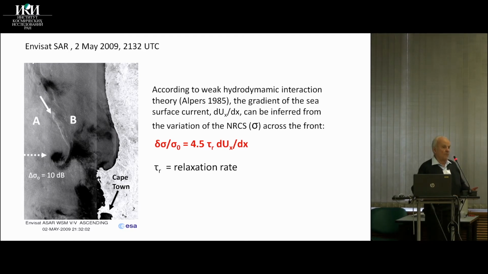So you have convergent and divergent regimes, and in this simple theory, the relative change of the radar backscattering, or the normalized radar cross-section, is related to the gradient of the surface current in look direction of the antenna.